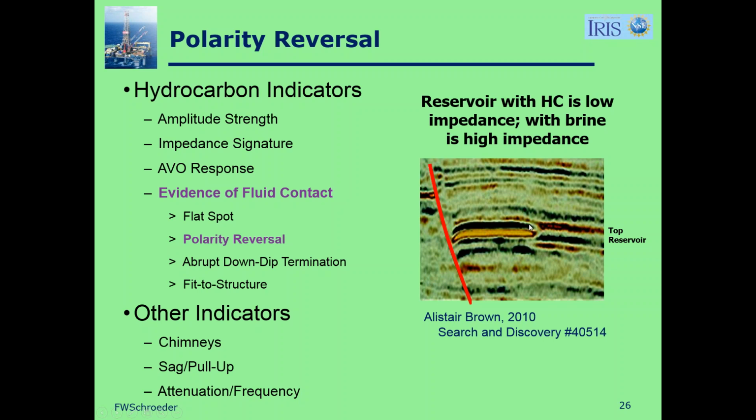And so the acoustic properties may be such that I get one type of impedance contrast where there's hydrocarbon. Usually it indicates a drop in impedance, and then I get a different response, which is an increase in impedance. And it could just so happen that the polarity flips depending on the rock properties and the fluid properties.